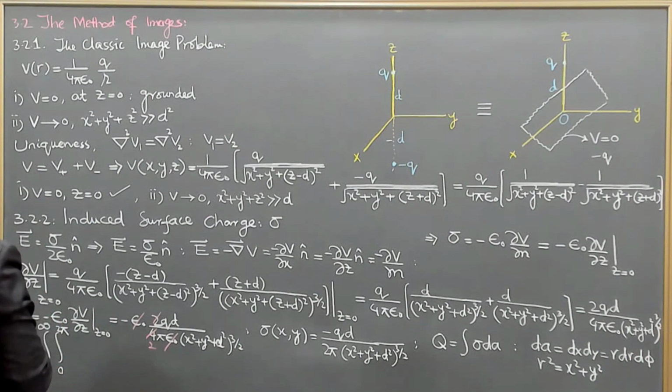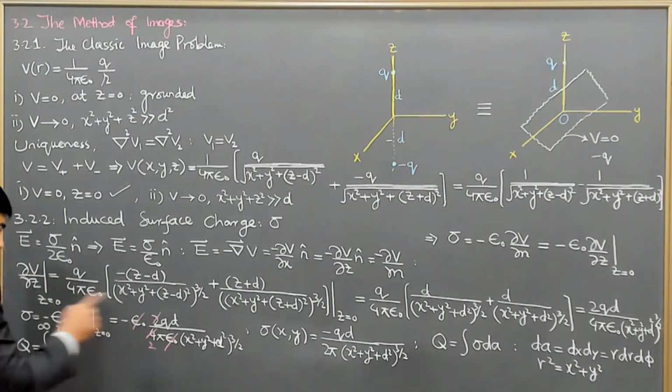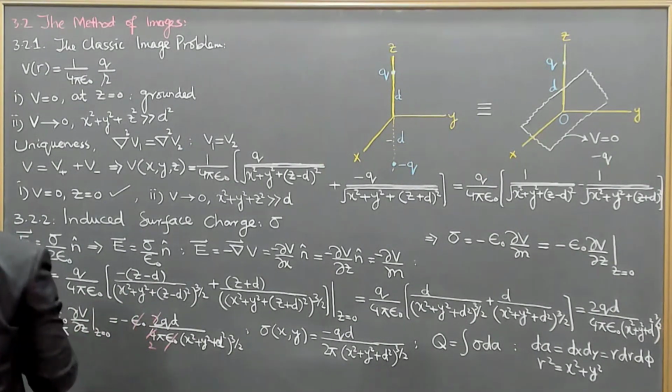And we have the expression, the sigma r will come out to be sigma of r and dA, and let me write the values.